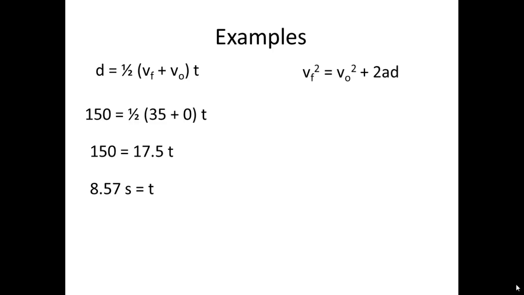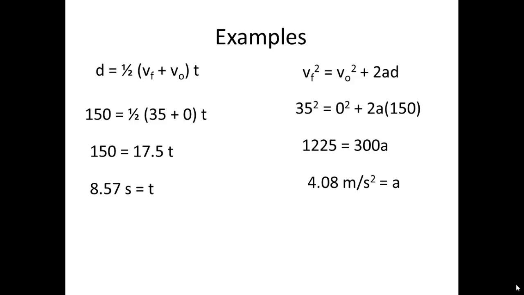So I'm going to choose Vf squared equals Vo squared plus 2ad. Final velocity squared equals initial velocity squared plus 2 times acceleration times distance. I get 1225 equals 300a, and my acceleration is 4.08 meters per second squared. It's a positive number. Positive acceleration means I'm speeding up.